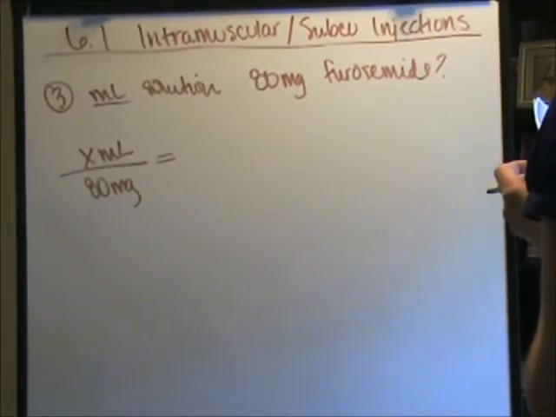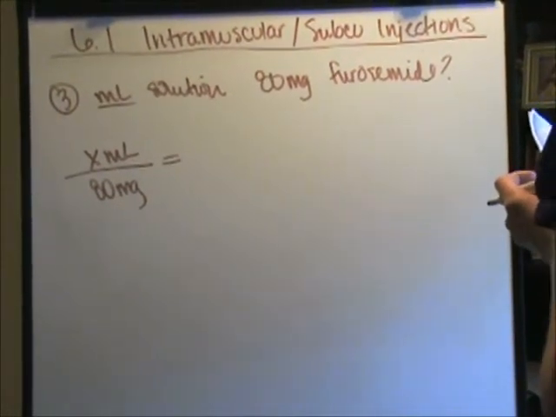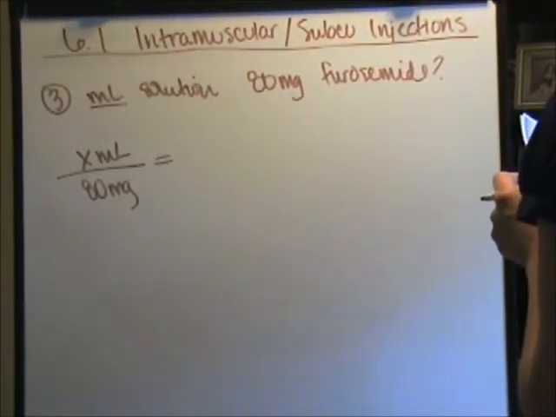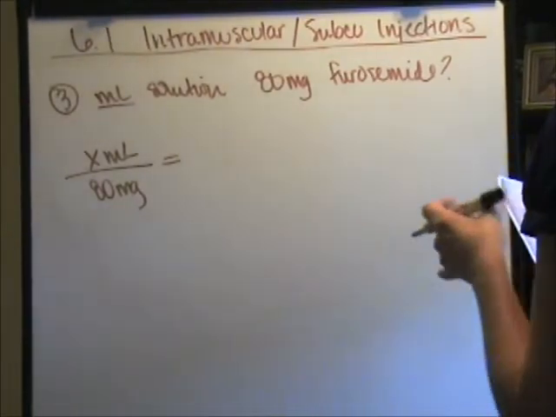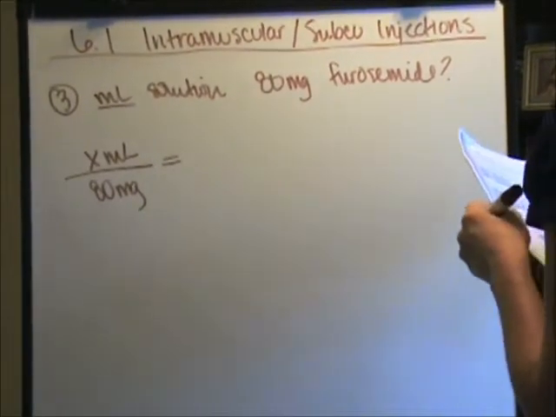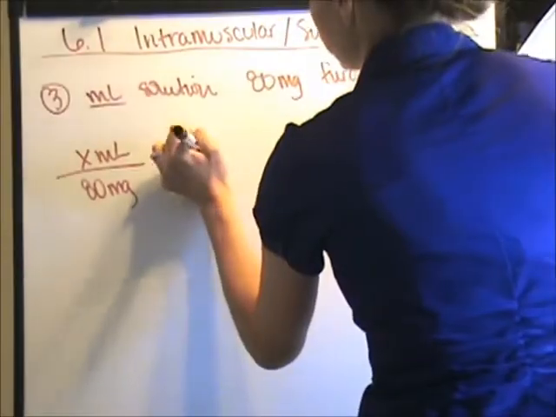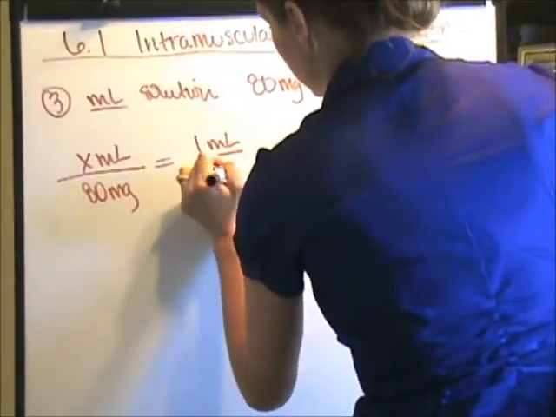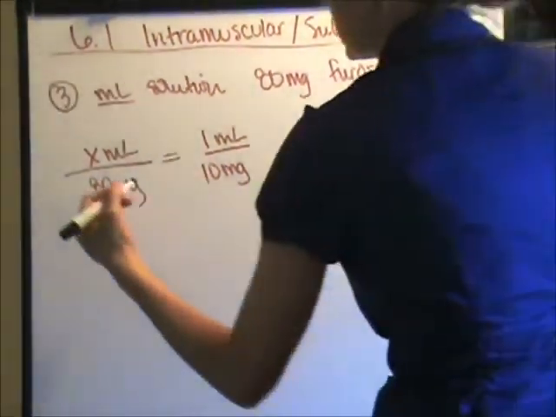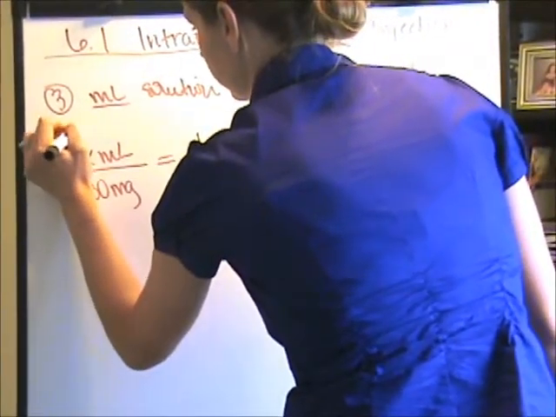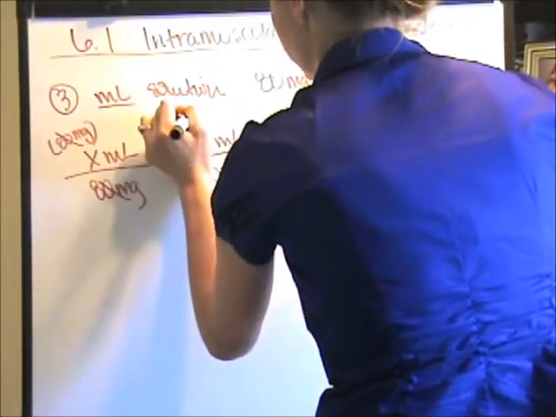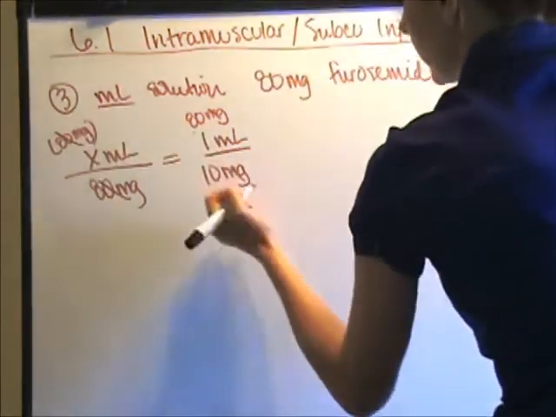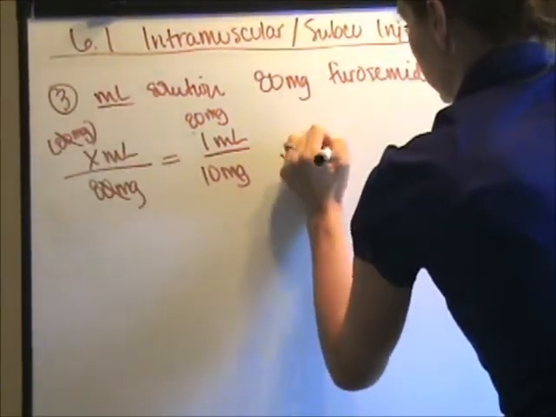And it reads furosemide injection 100 milligrams per 10 ml. And then if you look in parentheses right underneath it, it says 10 milligrams per ml. Either of these are right. You can use either one. In my case, I'm going to use the 1 ml per 10 milligrams. Either of these will give you the same answer, so it doesn't matter which one you use. And 80 divided by 10, X is going to equal 8 ml.